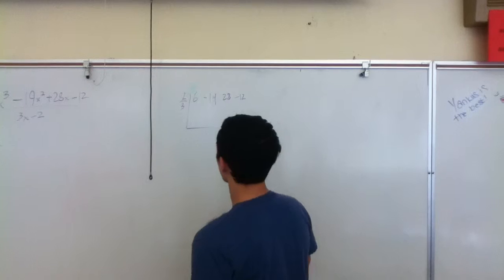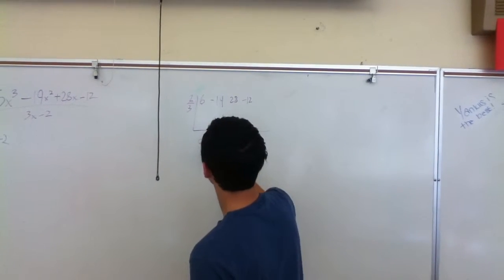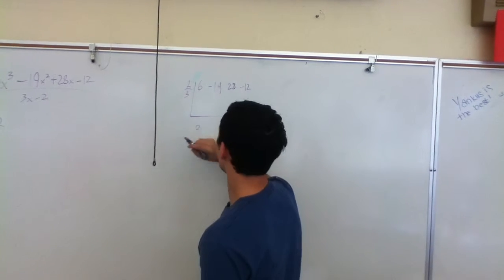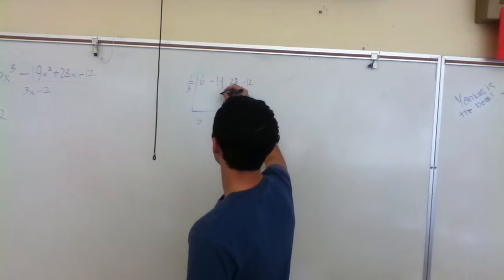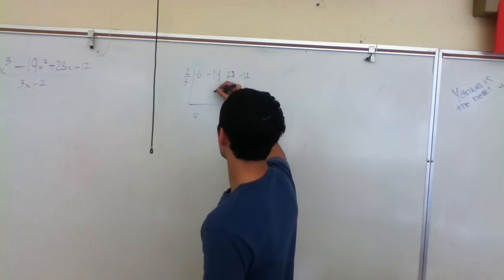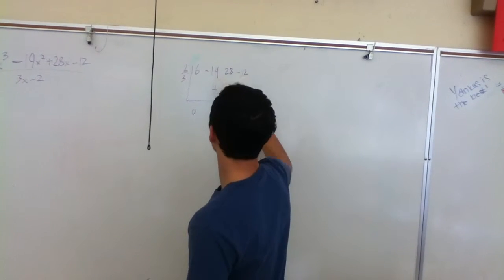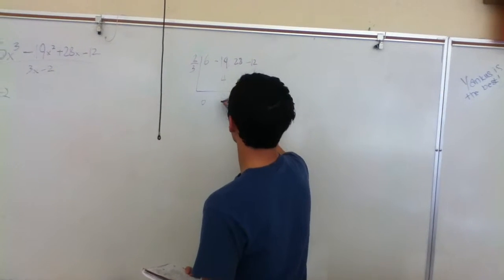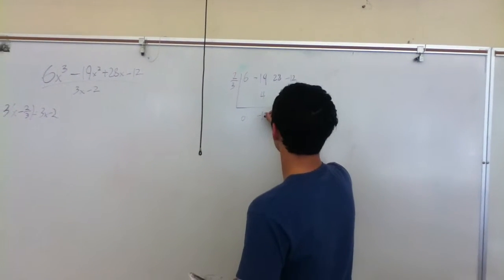And then we follow the same process. Drop the 6 down, then 6 times 2/3 gets us 12/3, which is 4. Then negative 19 plus 4 gets us negative 15.